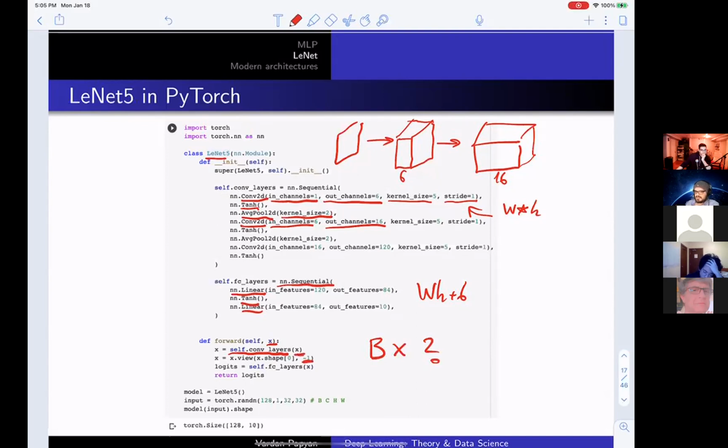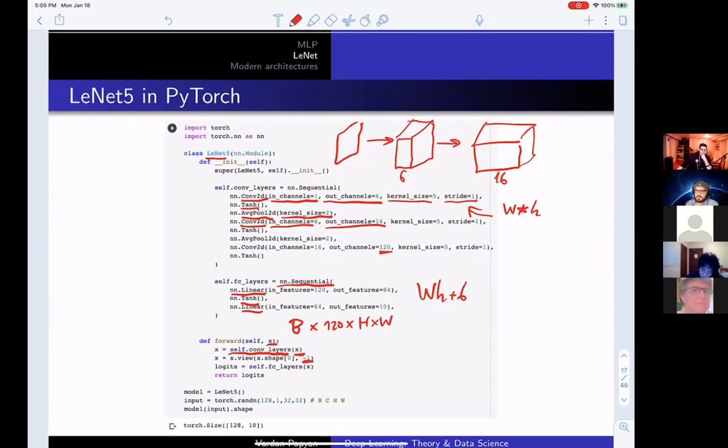So X is of size batch times what? Times the number of output channels, 120, times H times W. Does this make sense? This is the output of X after you go through all the convolutional layers.